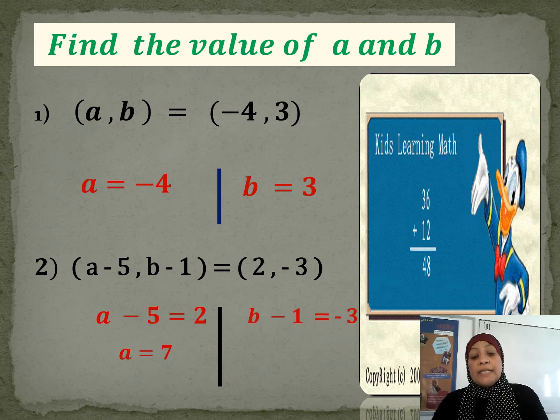The second projection: b minus 1 equals -3. Move the minus 1 to the other side with the additive inverse, then b equals -3 plus 1, so b equals -2. So I can use the relation between two equal ordered pairs to get any value I ask you about.